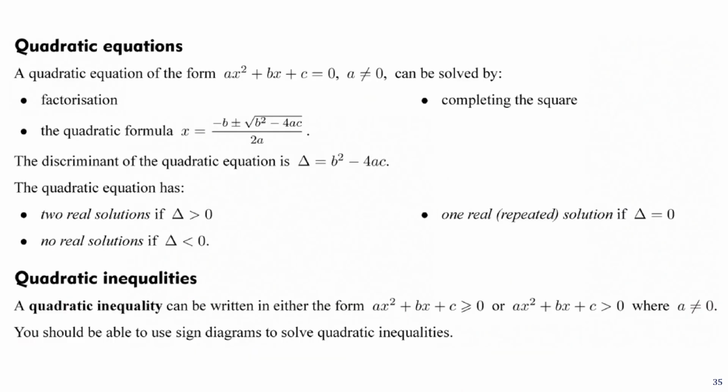Okay, now let's have a look at some other related concepts. Quadratic equations. A quadratic equation of the form ax squared plus bx plus c equals 0, where a is not 0, can be solved by either factorization, completing the square, or you can just directly use the quadratic formula, right?